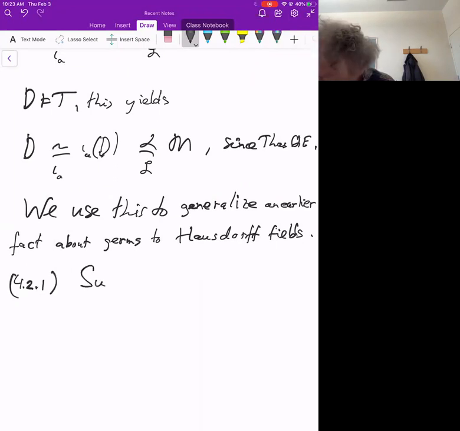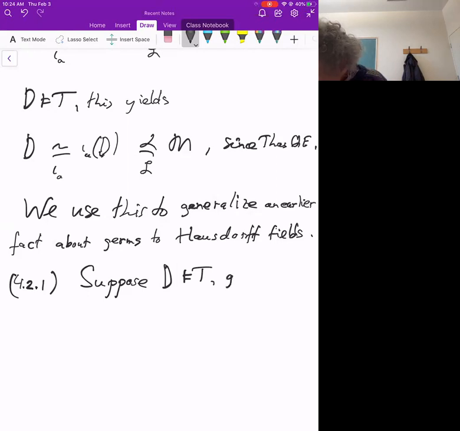Suppose, so in that earlier fact, we were actually assuming that we had a real closed Hausdorff field and then some germ outside of it, a continuous germ, which with every element in that Hausdorff field forms a total pair. Suppose D is a model of T, so that is the analog of being a real closed Hausdorff field.